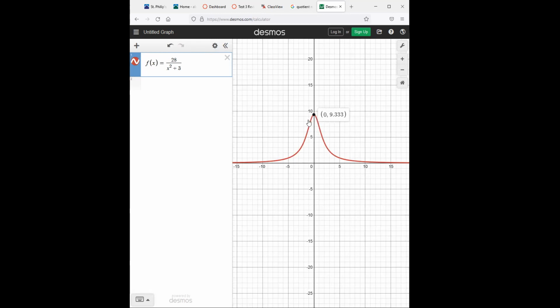So there's a critical number, but it looks like we're concave down from here to here, right?